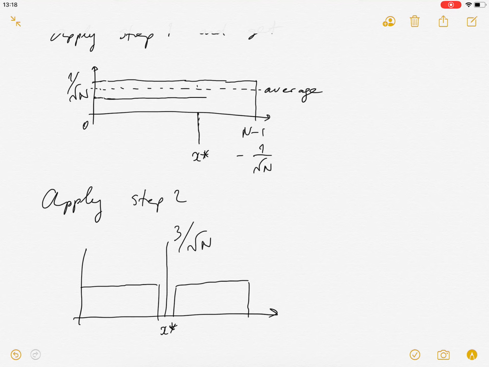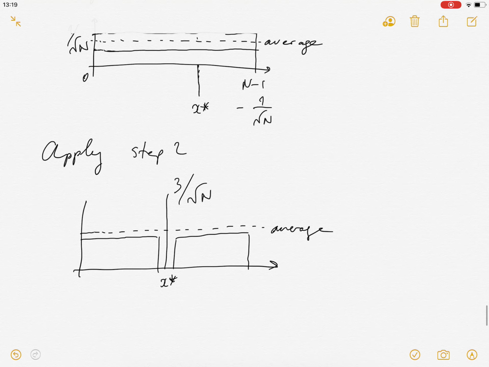The new amplitude will be below the average, so it will go even lower. This was the average. And the amplitude of the non-key values goes below the average.